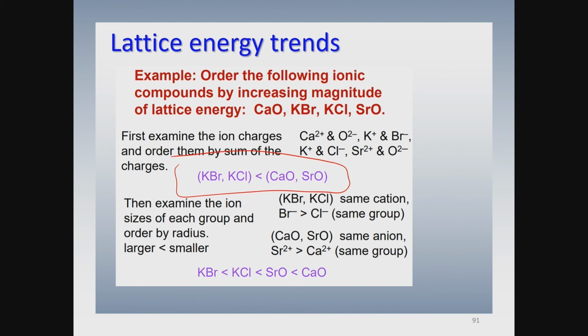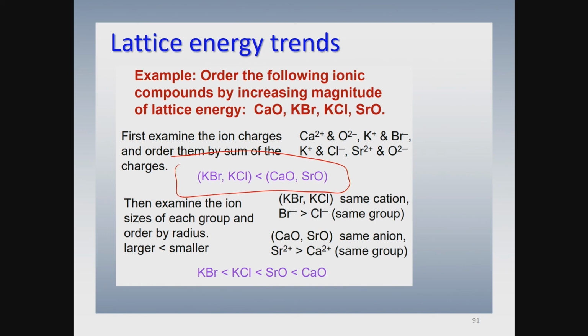If the ions are larger, they can't get as close to one another when they form the lattice, and so they won't release as much energy. But if the ions are smaller, they can get closer to one another in the lattice, and so they will release more energy.